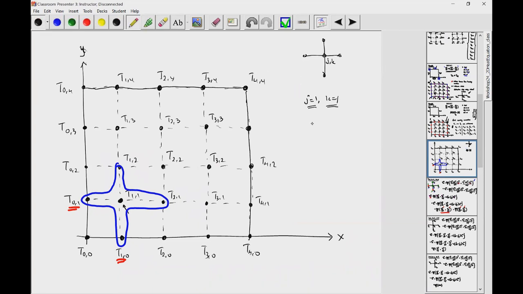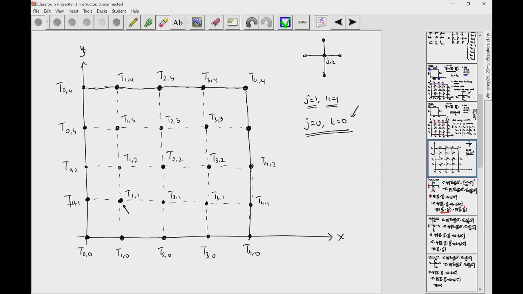Okay, if I ask you why did we start with J equals 1 and K equals 1, and we don't start with, for example, J equals 0 and K equals 0, you should know by now why we don't collocate at this point. Okay, for example, if you put it at J equals 0, where would be your stencil now? If you put it at J equals 0, then your stencil would have been, sorry, so that's J0, K0.